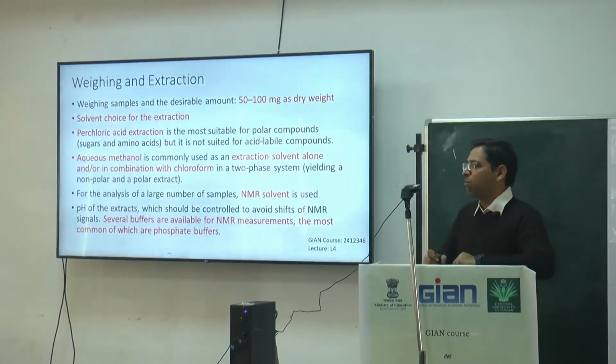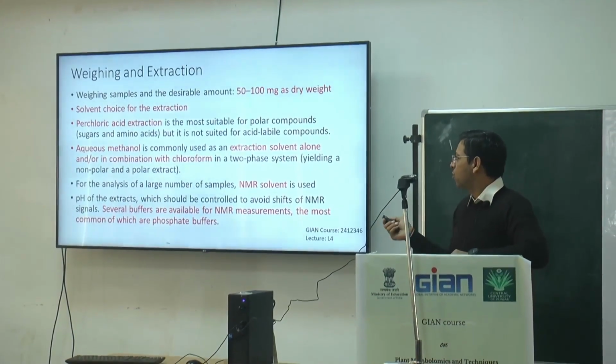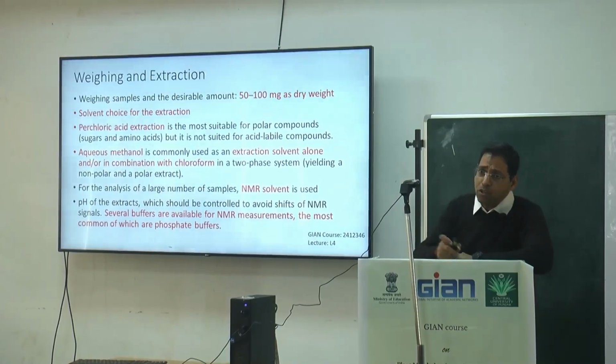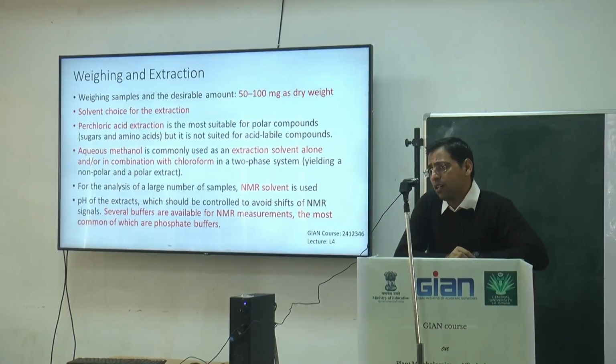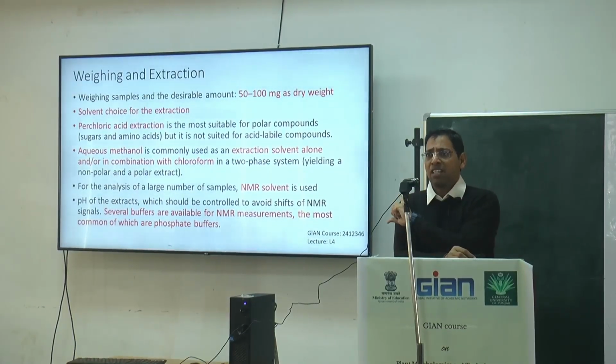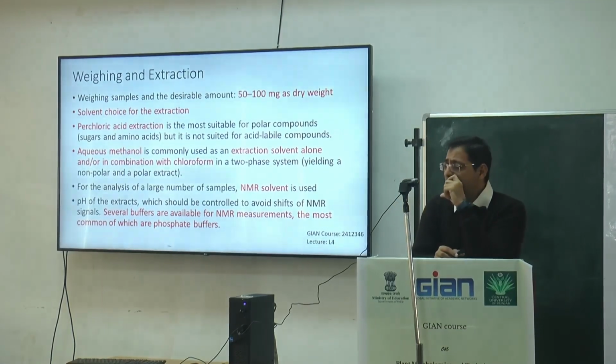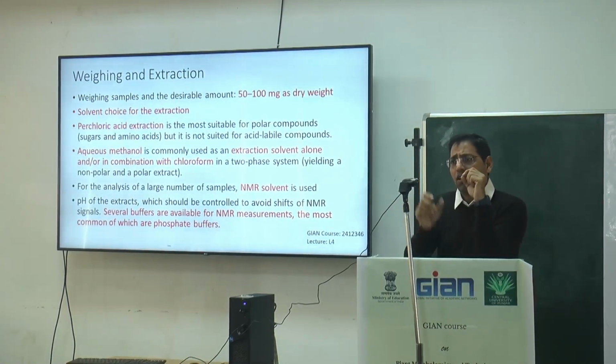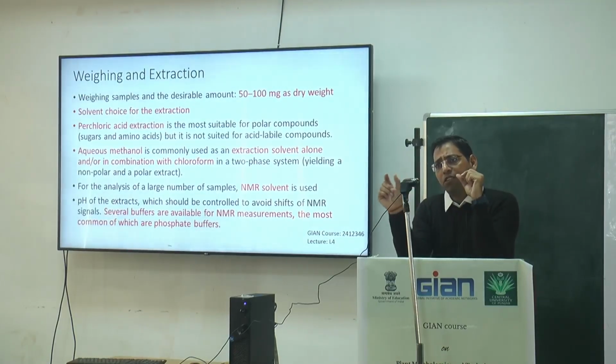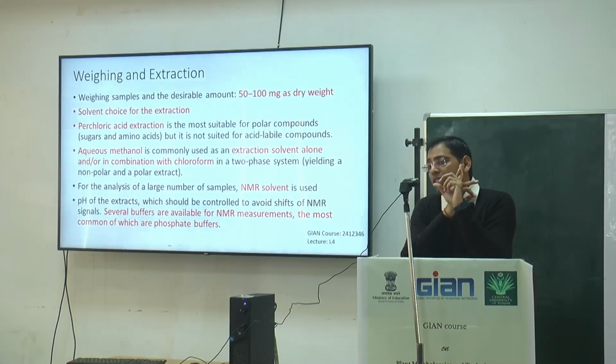Now coming to another point, that is the weighing and the extraction that I told you about. Extraction means you have to select the solvent. I am only discussing NMR, remember. So extraction means, yes, every metabolite differs from the others on the basis of their weight, their ionic strength, their structure, and so much diversity with substituents.